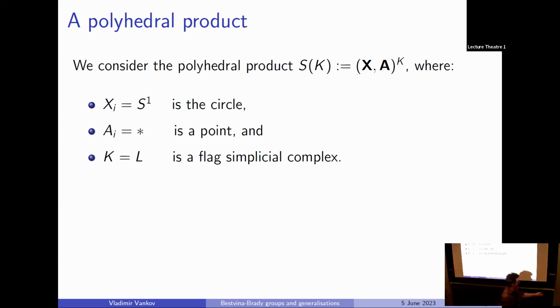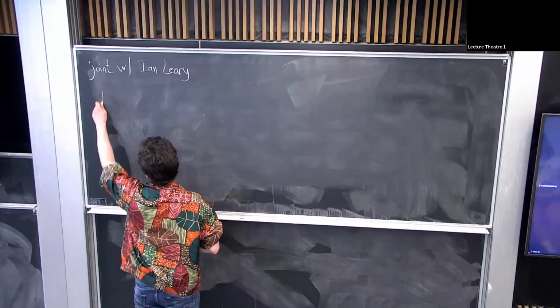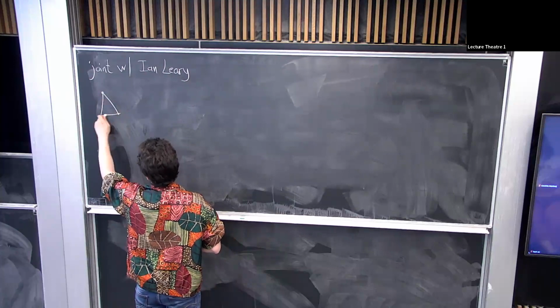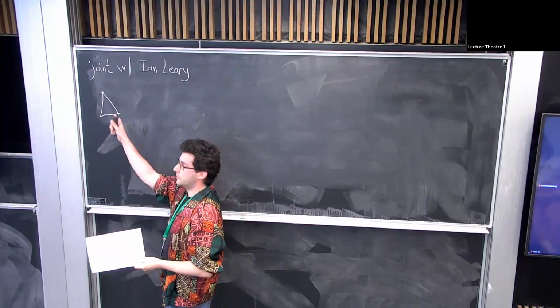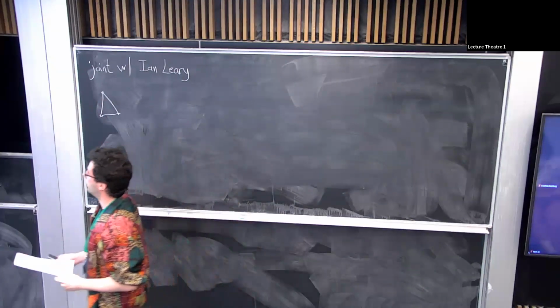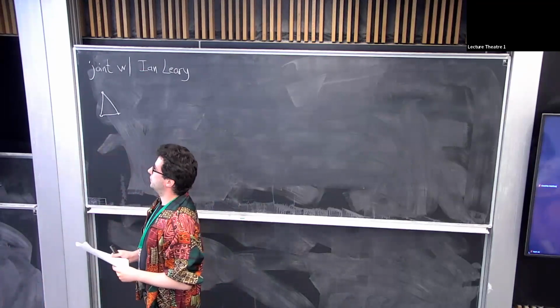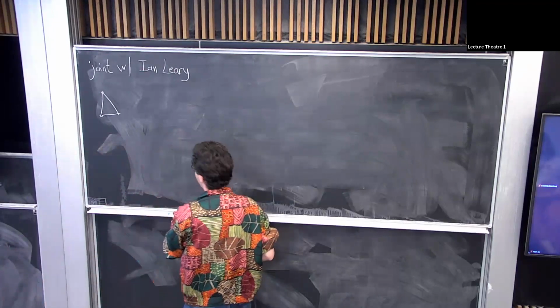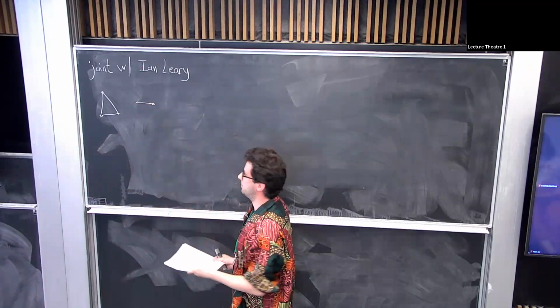Just a quick reminder, this means that if you see the one skeleton of a simplex, you should see the whole simplex. So if you see a triangle, it shouldn't be an empty triangle. This triangle should be filled in. For example, if we just take L to be a line segment, then this is going to give us a torus.